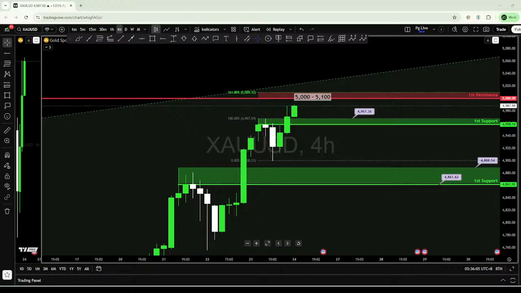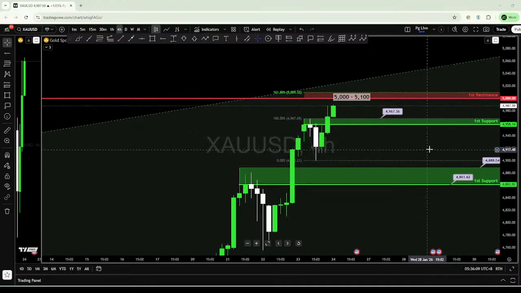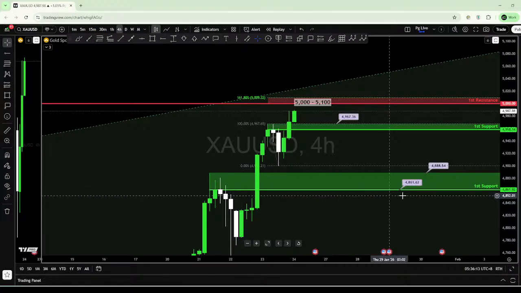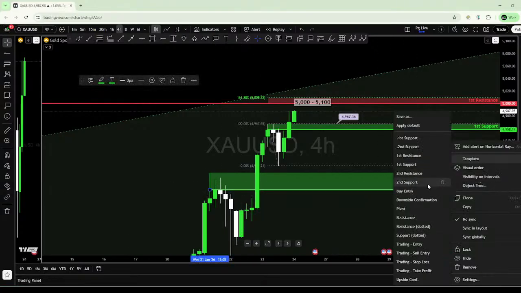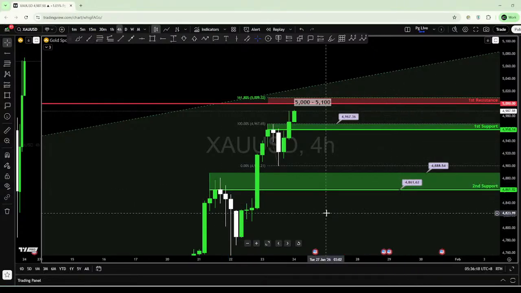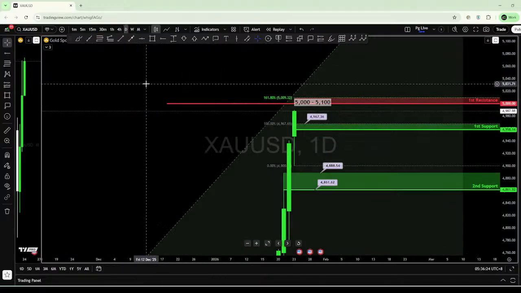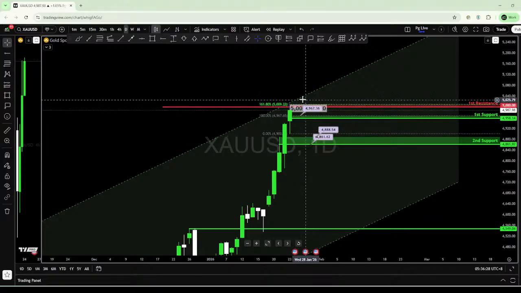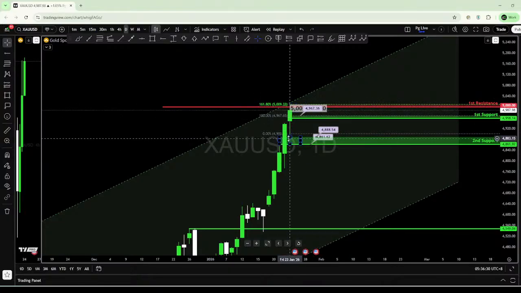All right. So this is gonna be the zone. So first support, then this one is gonna be my second support. We're gonna sell. I'm gonna look for the sell entry whenever D1, the daily time frame, closes with a bearish candle.